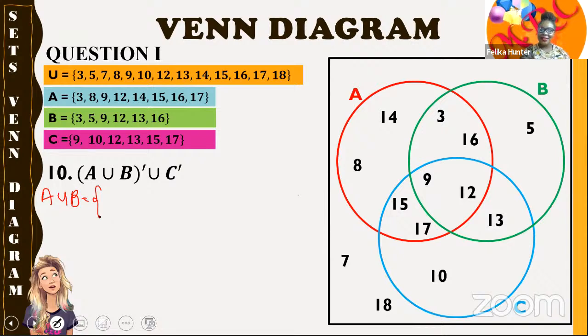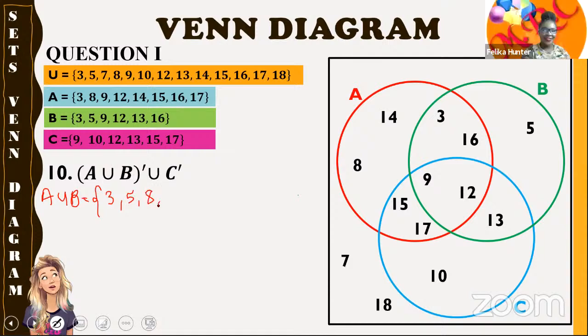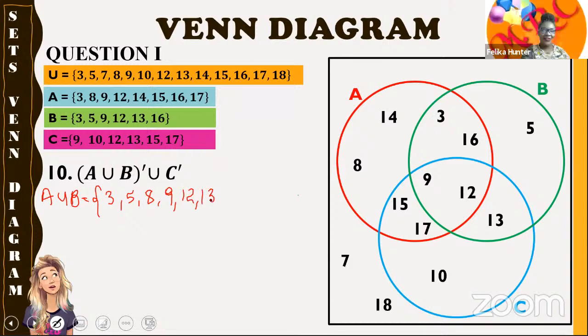What happens next, Peter? 3, 5, 8, 9, 13, 14, 15, 16, 17. Good. What happens next, my darling?